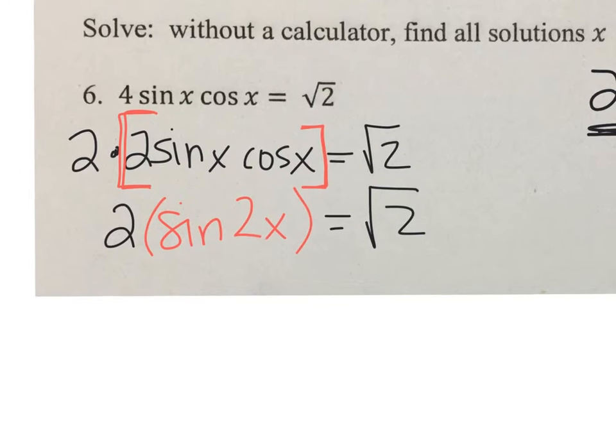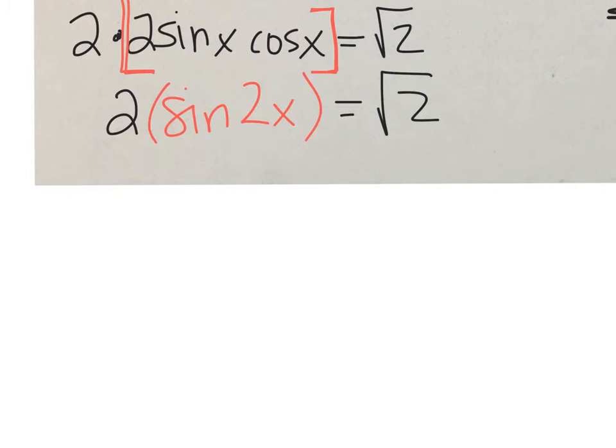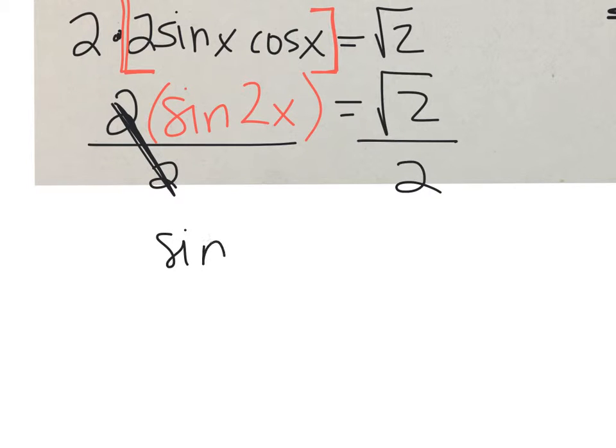So now we're just going to solve this from left to right. The first step is to divide both sides by 2 to get rid of the product 2. That leaves me with sine of 2x equals root 2 over 2. And now, working from left to right, we need to get rid of the sine.